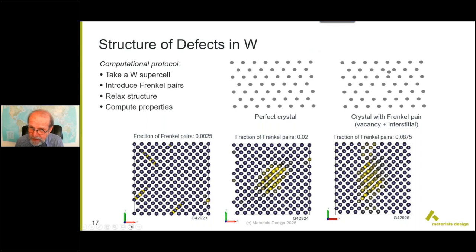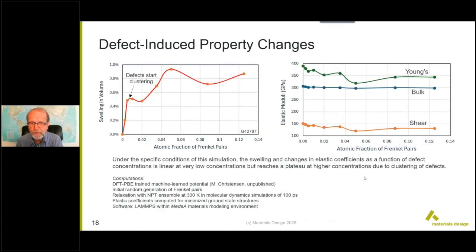And as you increase the concentration of the Frenkel pairs, what you see is a clustering of these defects. Here they're still isolated. Now they're clustering. So what does it mean for the material's properties? And we look at two key properties. One is the swelling, because from an engineering point of view, if your material under irradiation expands and swells, well, that induces stresses and could induce also material failures.